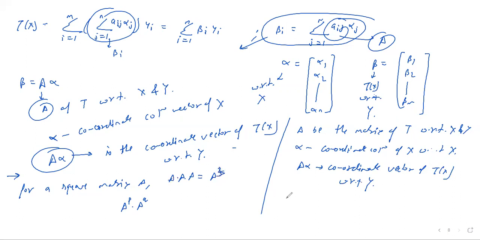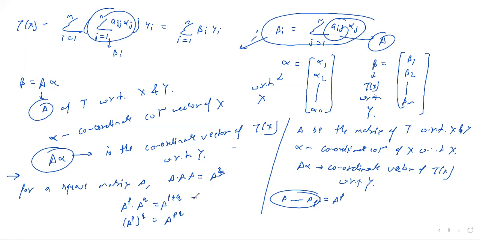So if I multiply A by itself p times, that is my A power p. And if we multiply A power p into A power q, that will be equal to A power p plus q. Similarly, if I take the power q of A power p, that will be equal to A power pq.